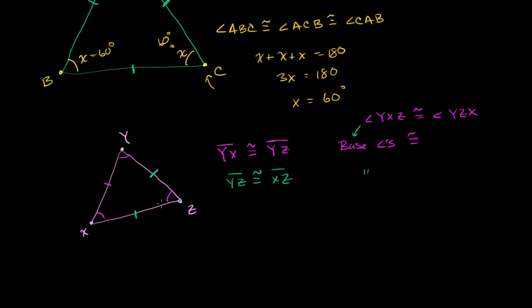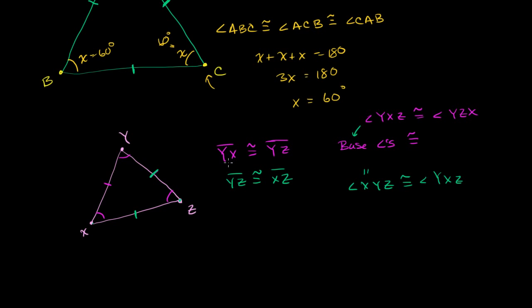That was in the first case. These were the base angles. So based on the proof we saw in the last video, that implies these sides are congruent. Here we have these two base angles. So here we're saying angle XYZ is congruent to angle YXZ, and so that implies that these two sides right over here are congruent.